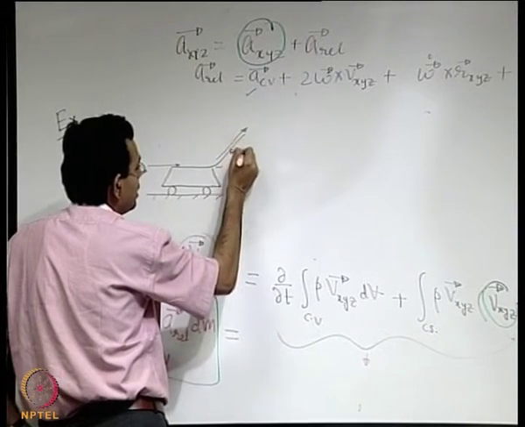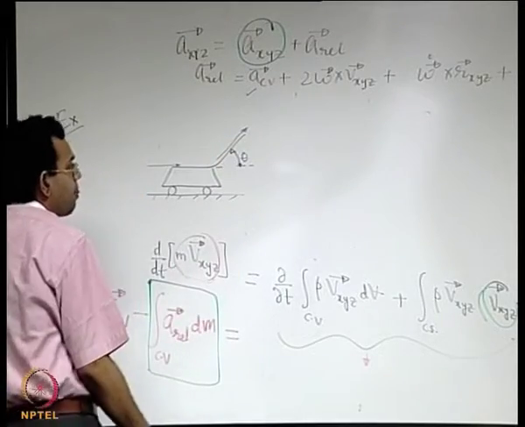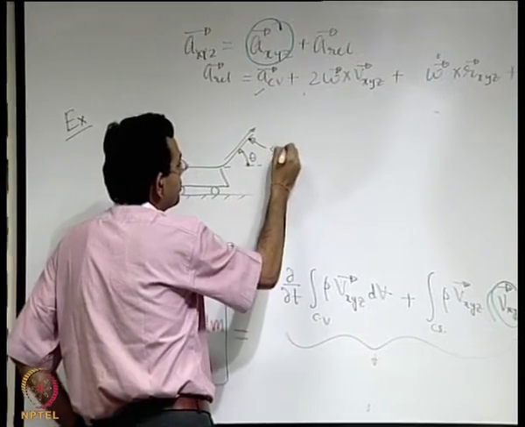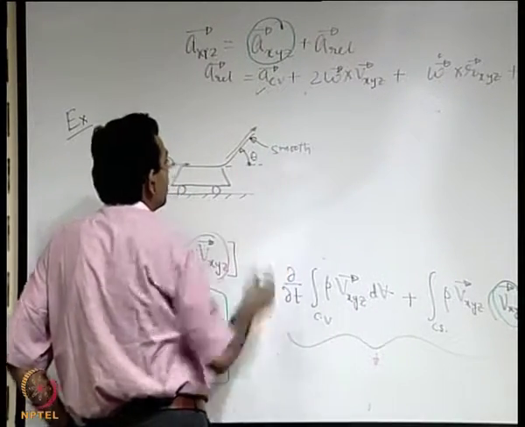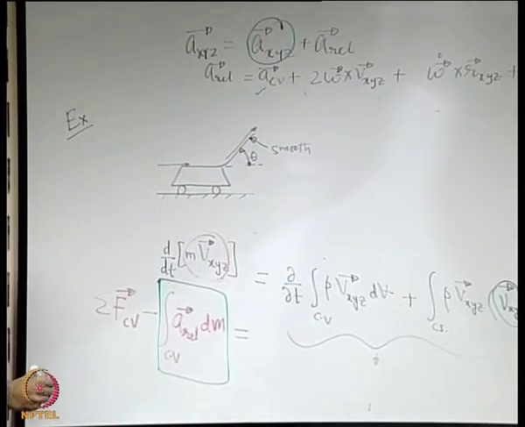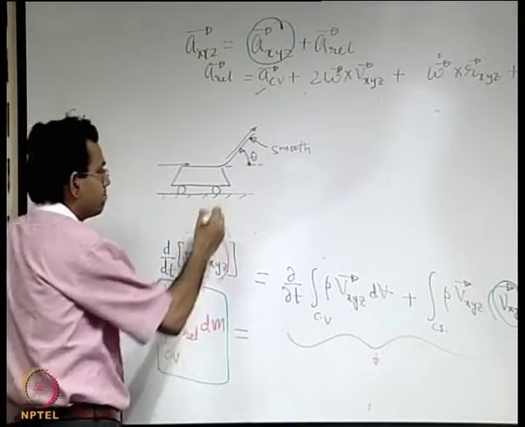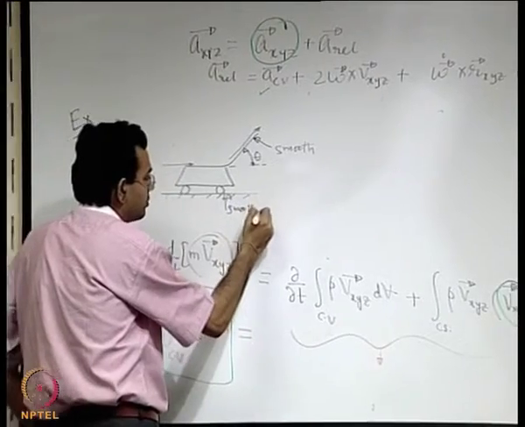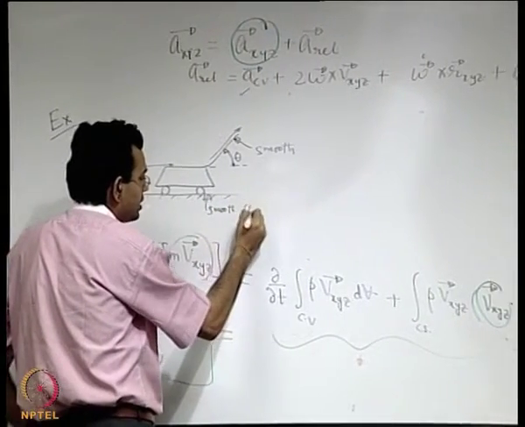The angle change is theta relative to the horizontal, and the surface over which the water changes its direction is considered to be smooth, and this is also considered to be smooth, the friction is 0, frictionless.